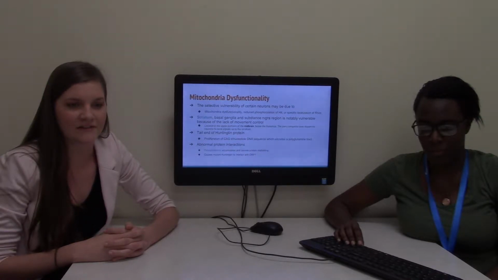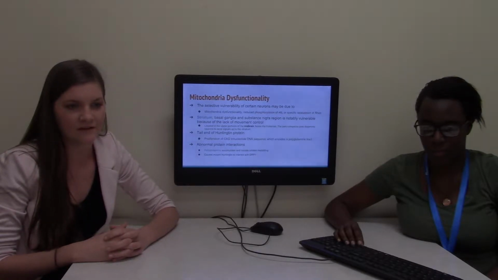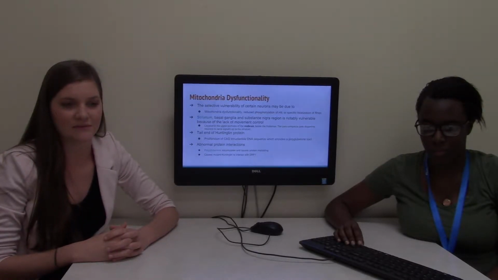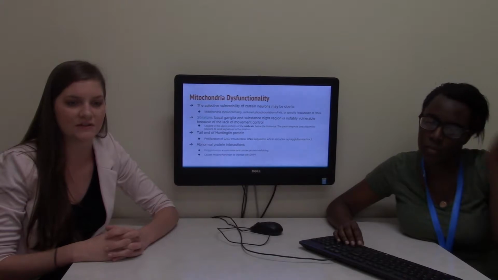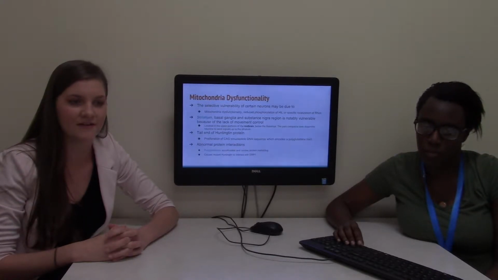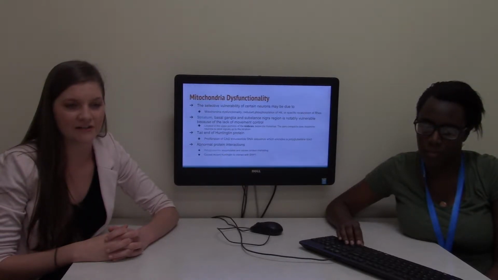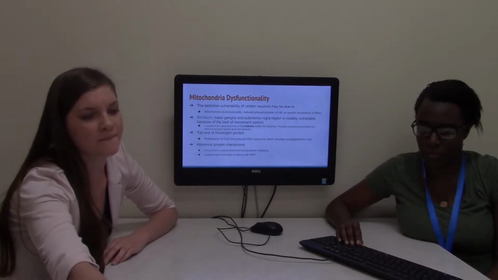The pars compacta uses dopamine neurons to send signals up to the striatum. The tail end of the Huntington protein is what's majorly affected here, and it's the proliferation of the CAG trinucleotide DNA sequence, which encodes a polyglutamine tract. Abnormal protein interactions lead to the disease, which basically results in protein misfolding, and that mutant protein can interact with DRP1.